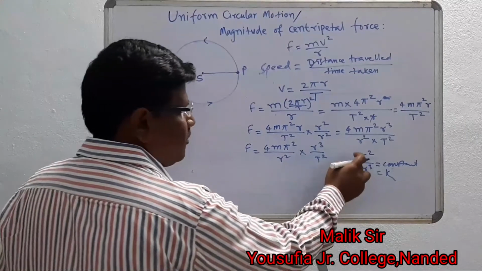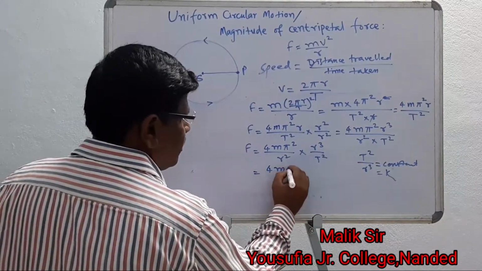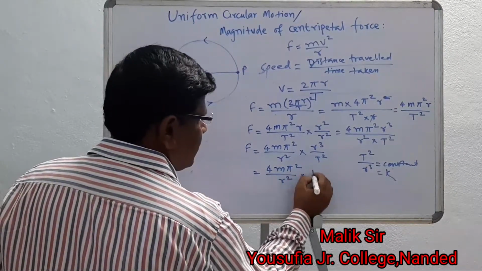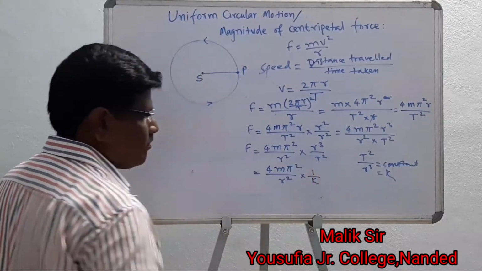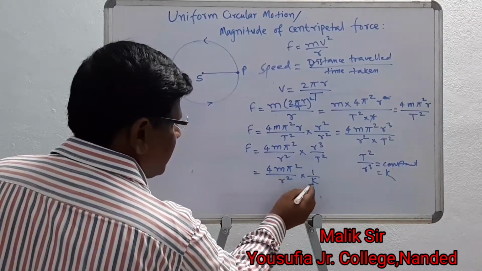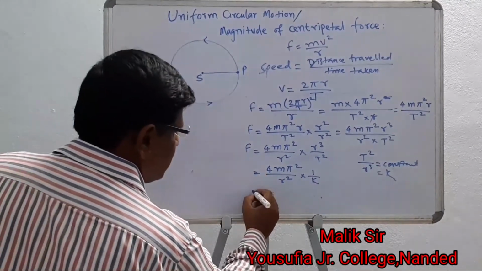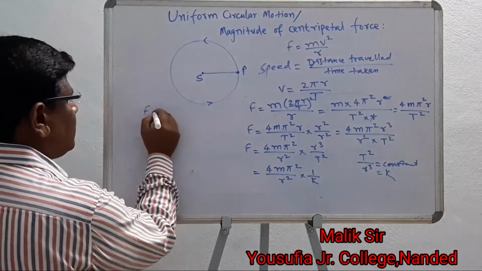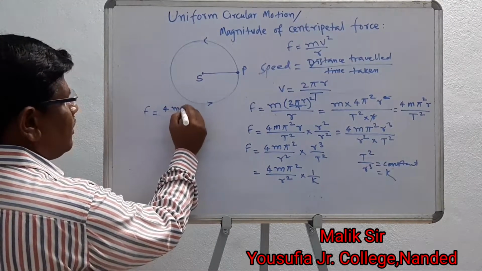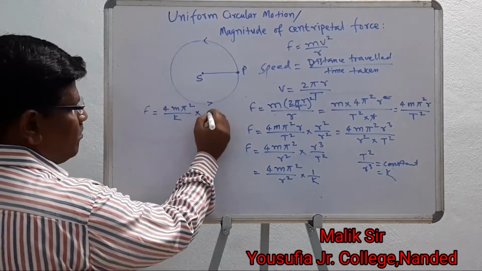Now here it is r cube by T square, therefore this becomes 4m pi square by r square multiplied by 1 by k. Now these terms, 4m pi square and k, are all constants.